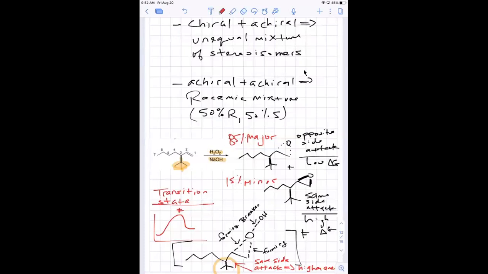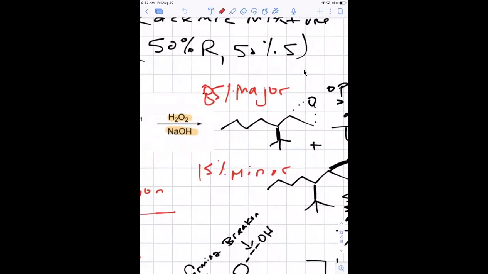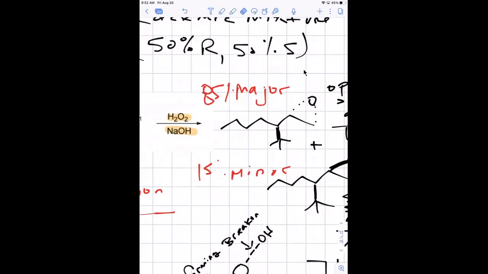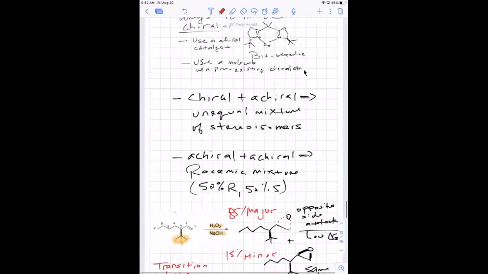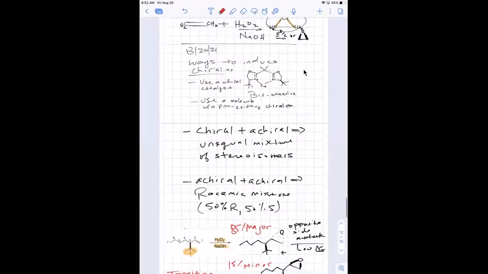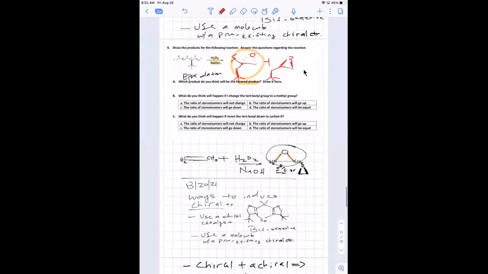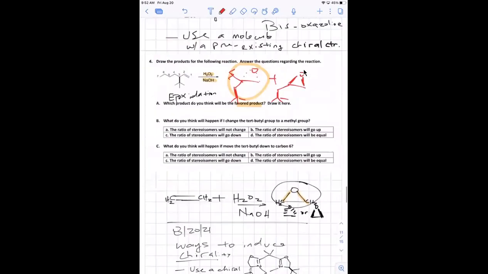What do you think is going to happen to that ratio if I make the chiral substituent smaller? It'll be more even. Yeah, you're going to get more of that minor product, aren't you? You'll get more of the same side product if that's a smaller substituent, because the energy to get to it is less, right?